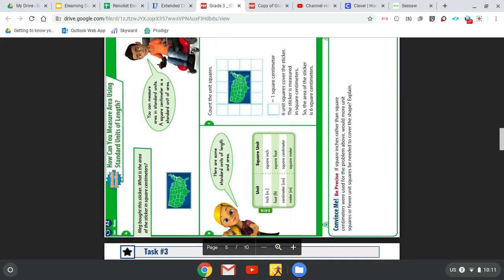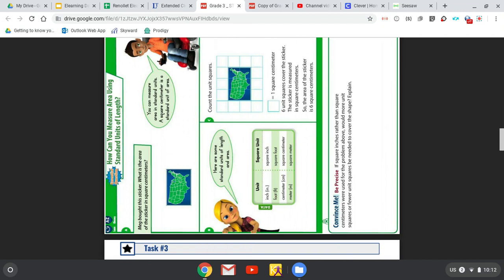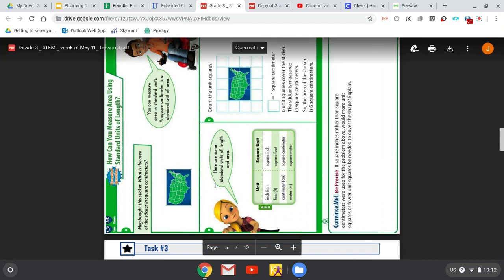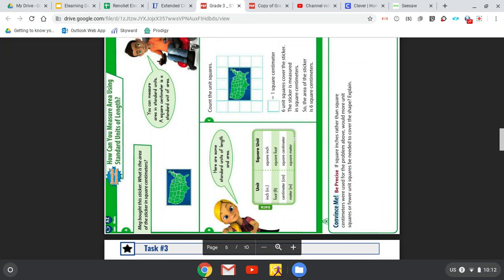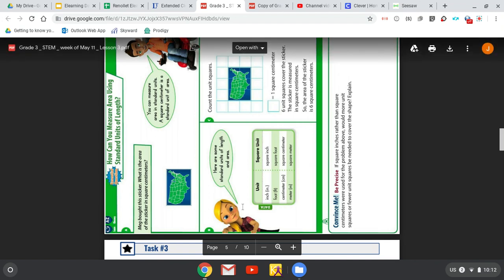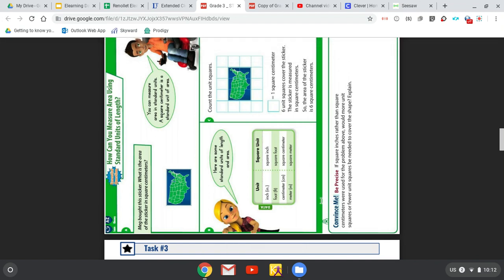Task number 2 is to read the example page from Pearson and focus on our question of the day. Our question is, how can you measure area using standard units of length? Right here, you will see some examples of what it means by standard units of length.